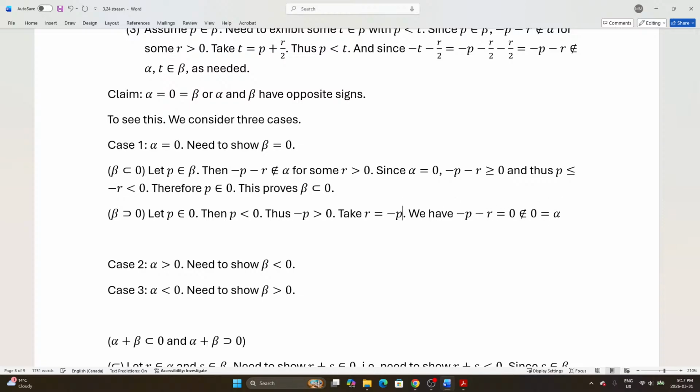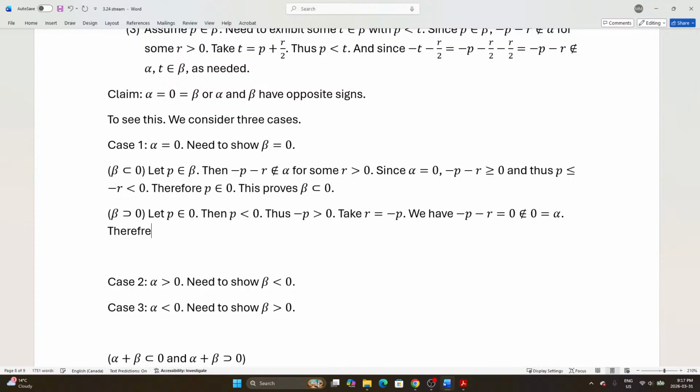Right. So R is positive, and we have minus P minus R not in alpha, so therefore P is in beta.